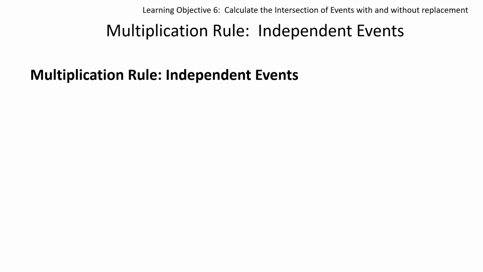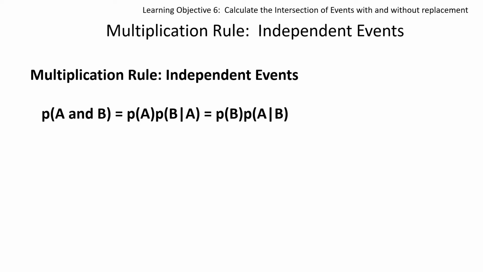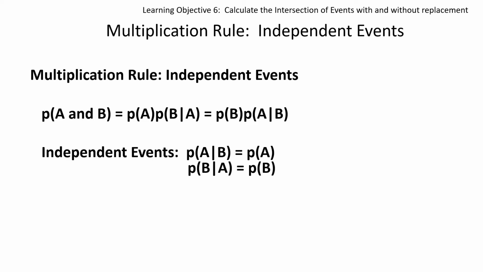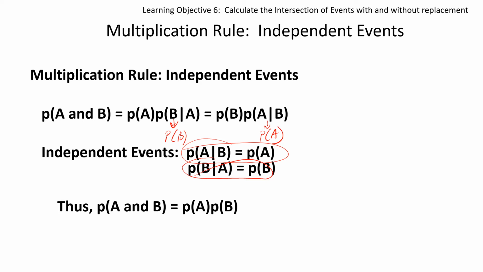If we are doing with replacement specifically, then since they're independent, the probability of A given B is equal to the probability of A, and the probability of B given A is equal to the probability of B. Then we can just change these: this is the probability of B, and this is the probability of A. And we end up with the probability of A and B being just the probability of A times the probability of B when they are independent.